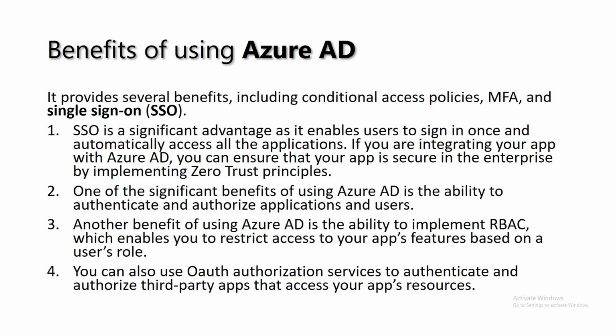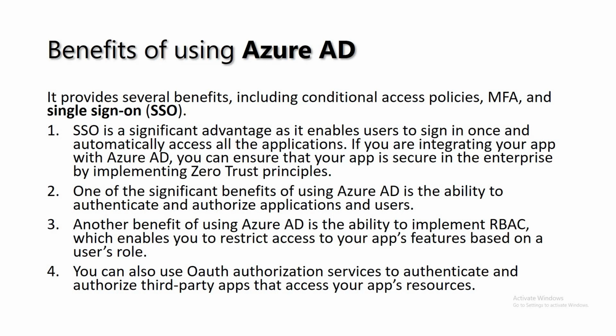SSO is a significant advantage, as it enables users to sign in once and automatically access all the applications. If we are integrating our app with Azure AD, we can ensure that our app is secure in the enterprise by implementing zero trust principles.